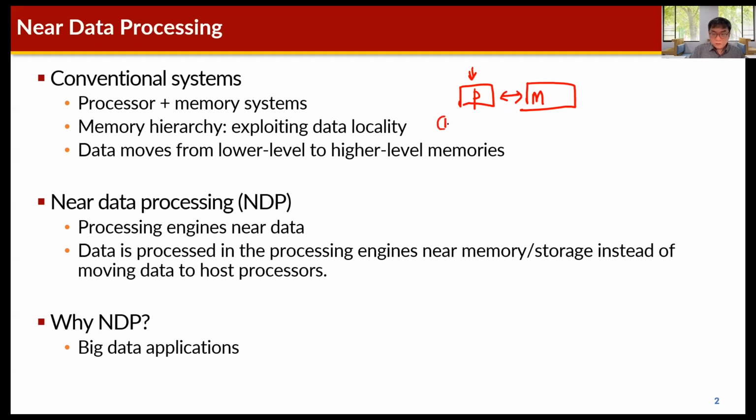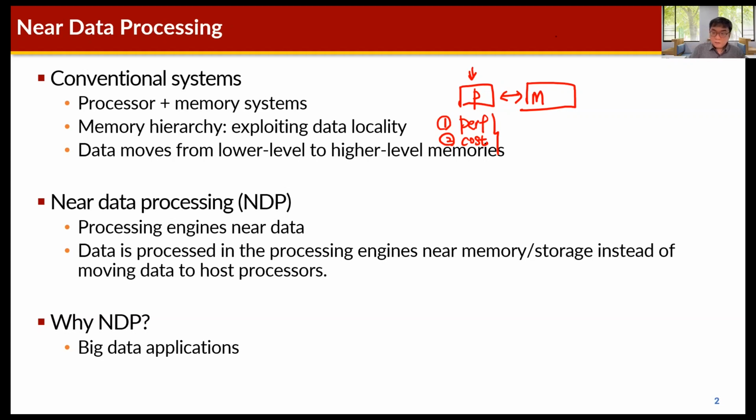The first goal of the processor architecture research is performance and cost. We focus on the performance of our processing engines, and the cost means the power consumption or energy consumption of this processor.